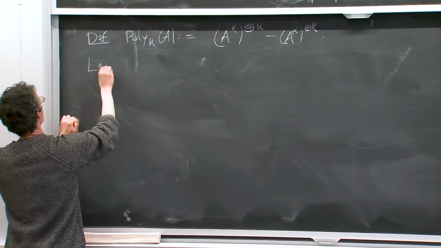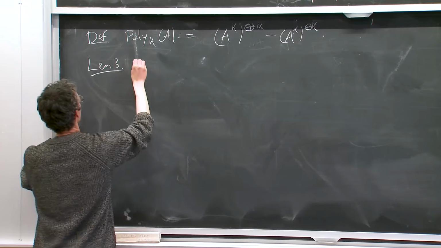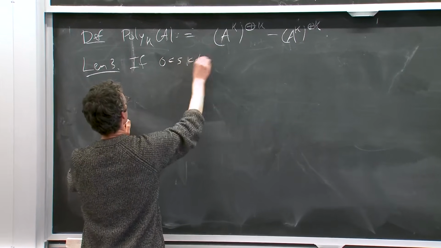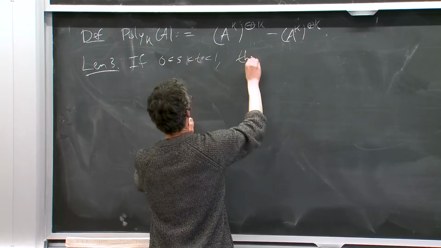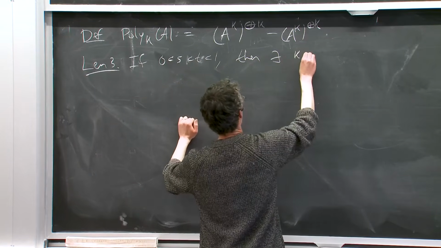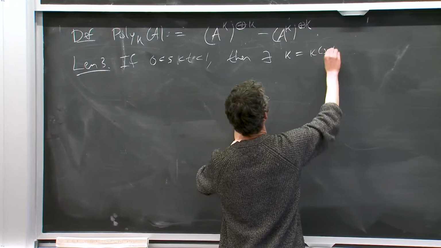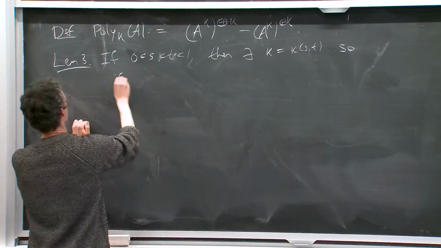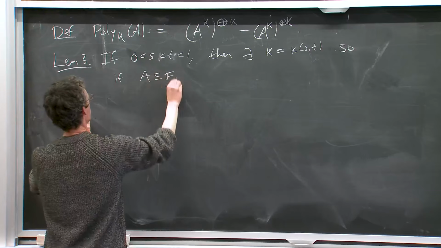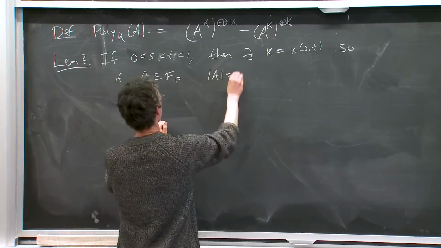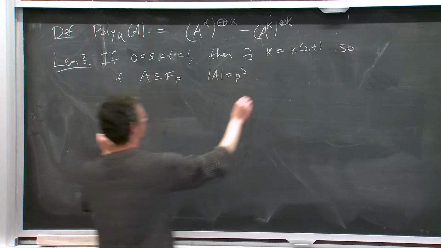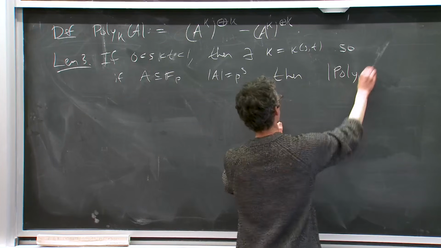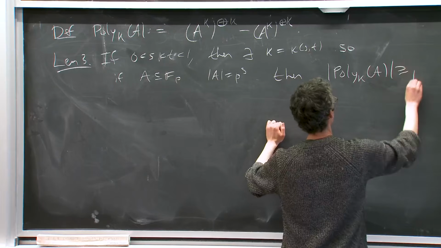And then lemma 3 says if 0 is less than s is less than t is less than 1, then there exists some k that only depends on s and t, so that if A is a subset of F_p of size p to the s, then the size of poly_k of A is at least p to the t.